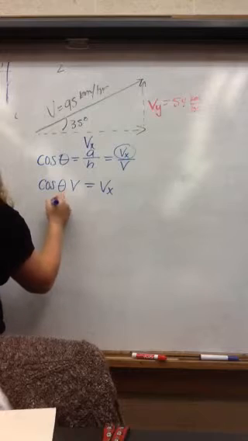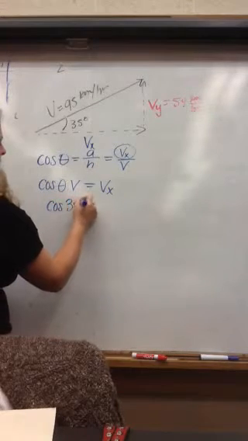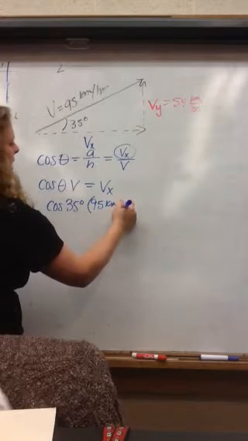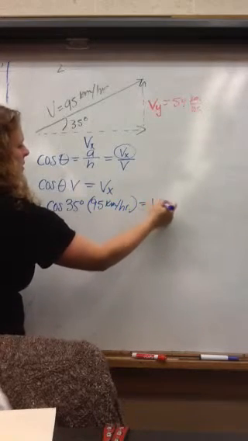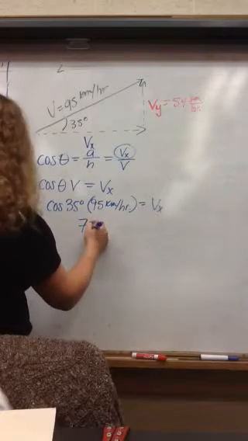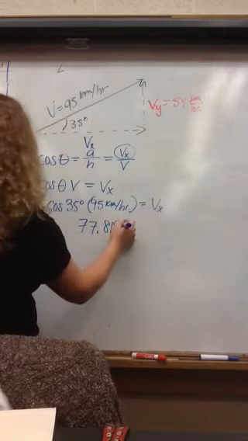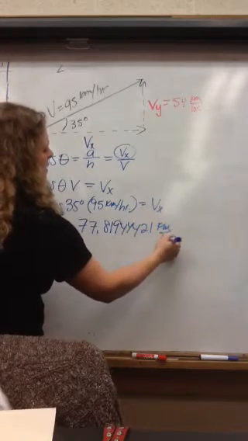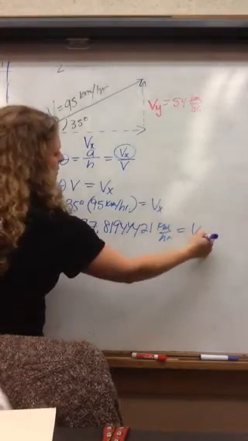So now we can write it all in. Cosine of 35 degrees times 95 km per hour gives us v sub x. Cosine 35 times 95 gives us 77.8194441 km per hour.